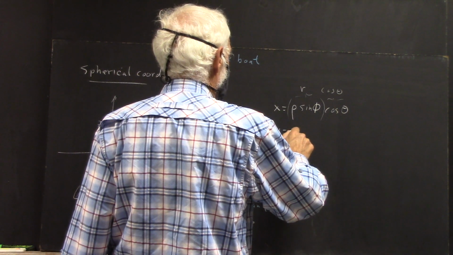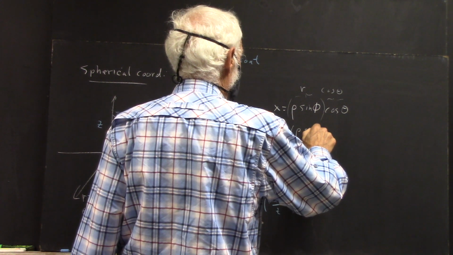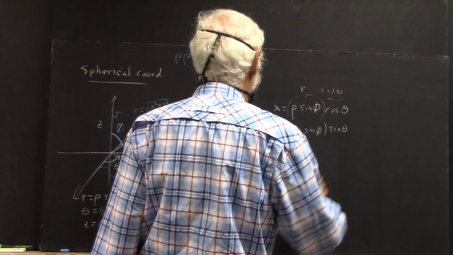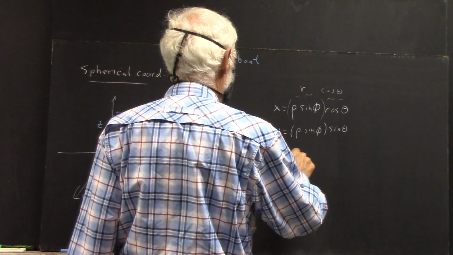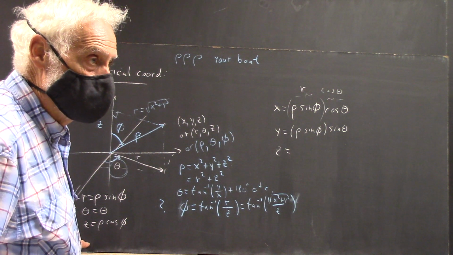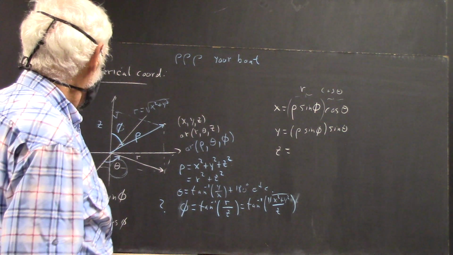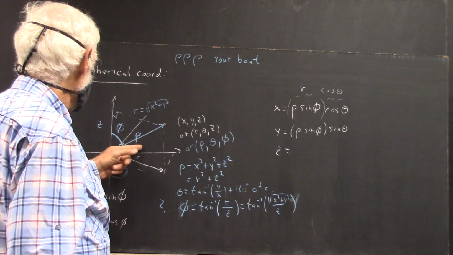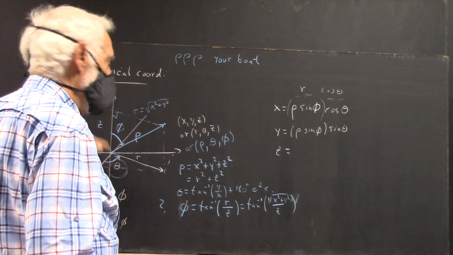Similarly then, y is just rho sine phi sine theta. And z, well, that's shared with cylindrical coordinates. It's the same. And this triangle here tells you it's rho cosine phi.